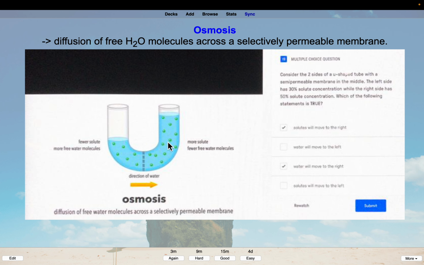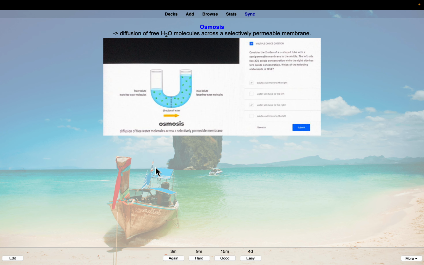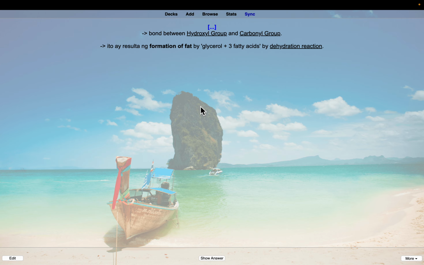That's because there's more solute in this side. So the tendency is water would go there. So water will move to the right, solutes will move to the right. Also solutes. Okay, more on this later. I believe this is not the only flashcard about osmosis.